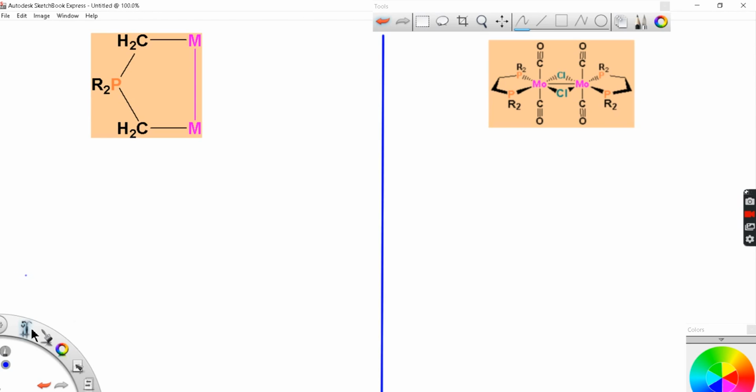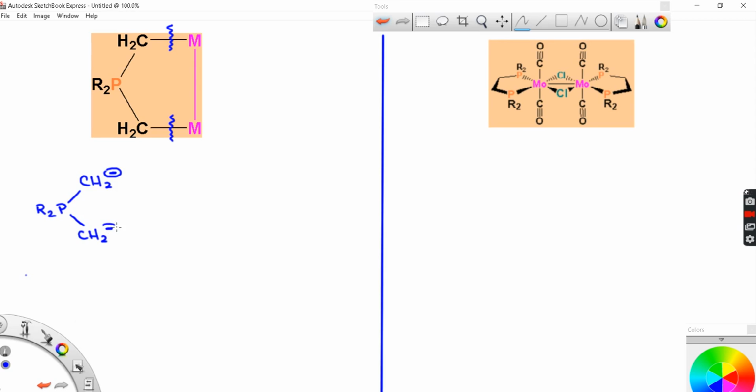First of all, we have to break the bond. So we have CH2, R2P, CH2. So the carbon has 2 bonds with hydrogen and 1 bond with phosphorus. So it should be CH2 minus to have orbitals completely filled, according to Lewis structure.